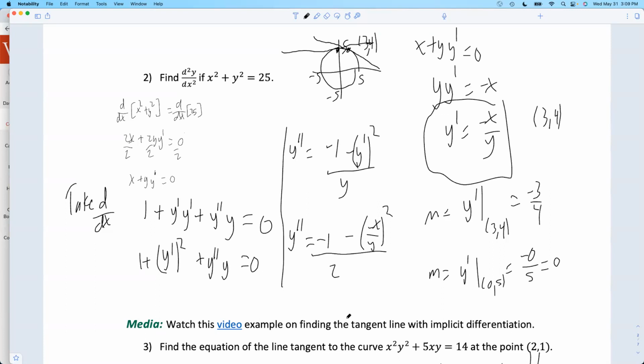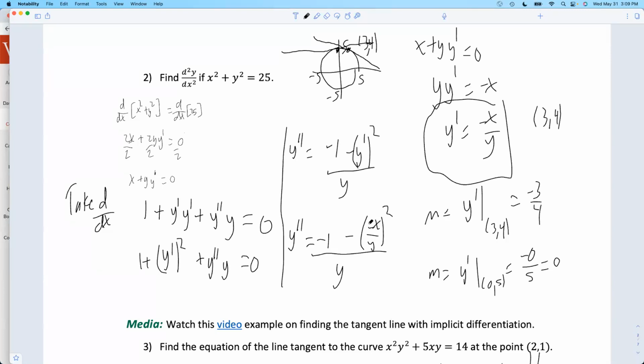And this could be cleaned up. Oh, I wrote a 2, sorry. This could be cleaned up a little. When you square a negative, it's going to be positive, and then I can get a common factor of y, and then this y is going to cancel. Some stuff would clean up a little.